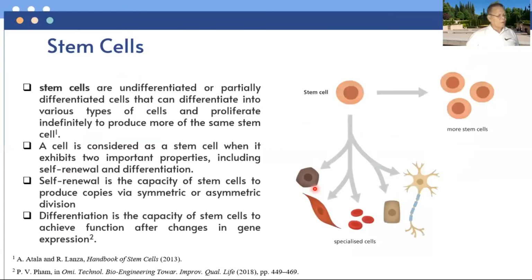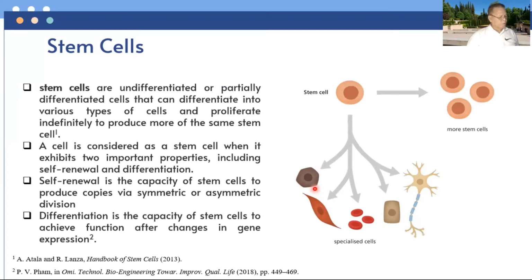Stem cells are undifferentiated or partially differentiated cells that can differentiate into various types of cells and proliferate independently to produce more of the same stem cell.